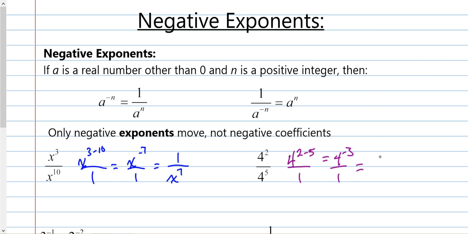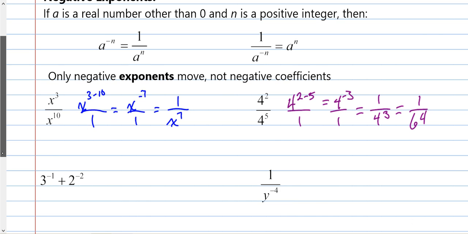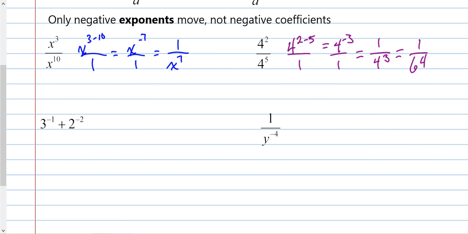And this negative exponent says I need to be the reciprocal of what I am. This is 1 over 4 to the third power, which is 1 over 64. Notice when my numbers are small, typically less than 10,000, we write them out. We actually evaluate them. If they're any larger than that, we'll just leave them in exponential form.